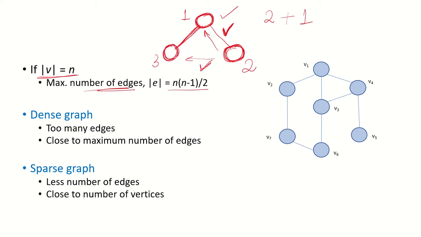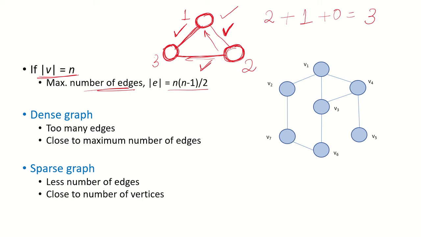For node 3 now, both the edges, the one connecting it to 1 and the one connecting it to 2, have also been accounted for, so 0. So the number of edges is 3 over here. That is the maximum number of edges that are possible.